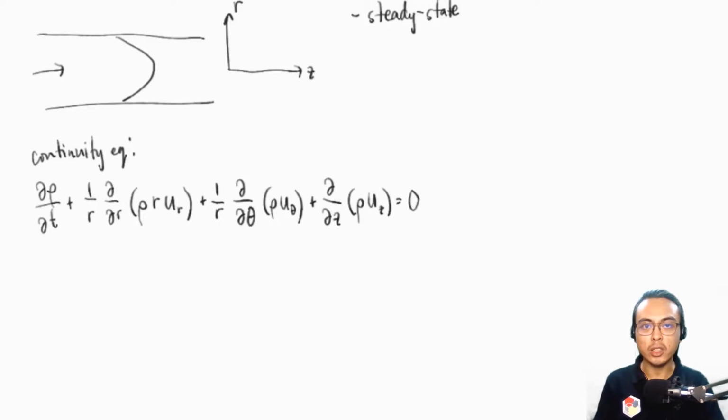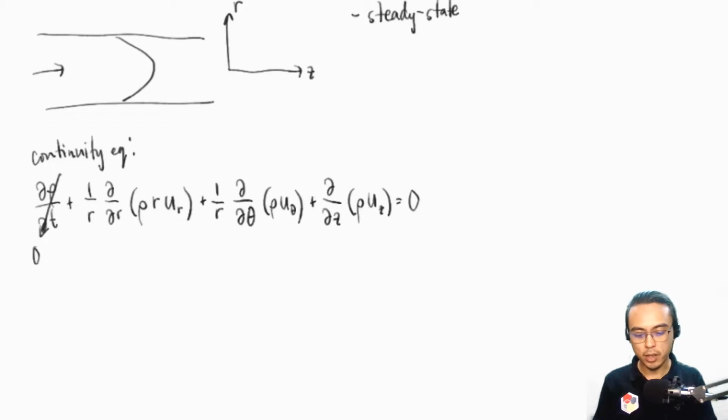With us assuming that the flow is steady state, what that entails is that there's no accumulation in the system and that all of the other parameters are not functions of time. So if you're assuming that the process is steady state, all of the derivatives with respect to time are automatically set equal to 0. So with that, the first term in our continuity equation is 0.